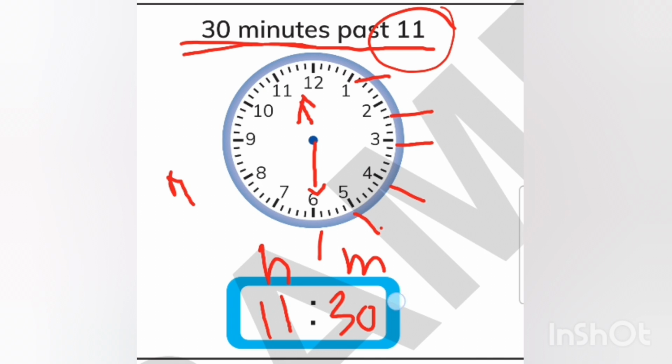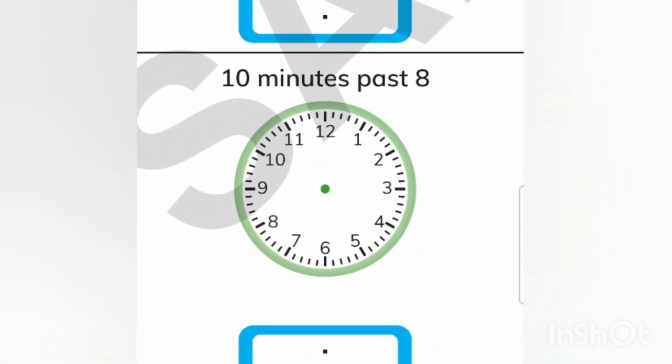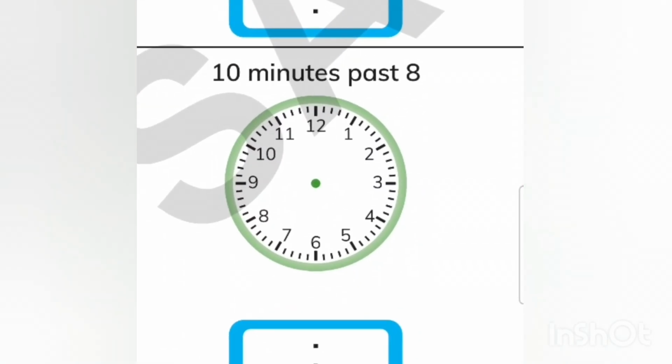If 30 is written, your needle must be on 6. Now you can write the answer of this, pause the video, and then we will move towards another question.